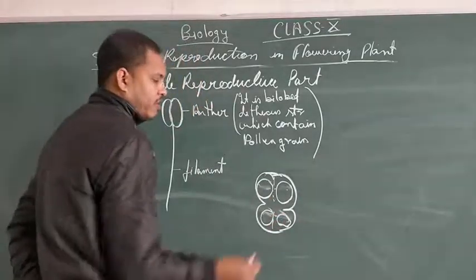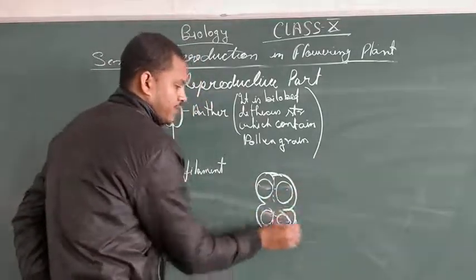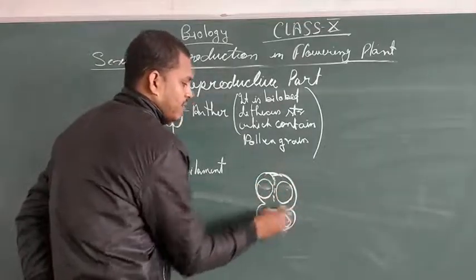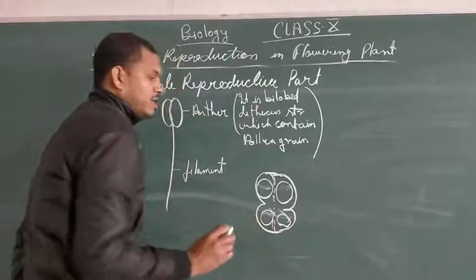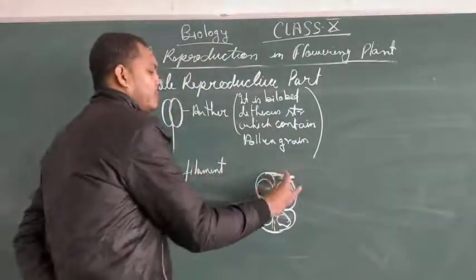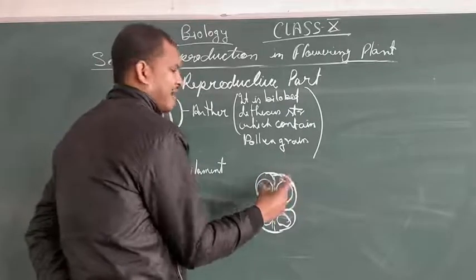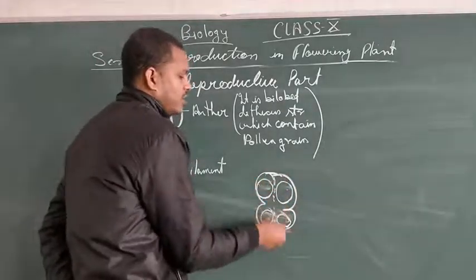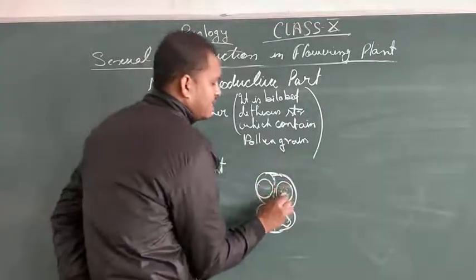So one lobe, two lobes, bilobed, dithecous. In one lobe there is one theca. In this lobe there is one theca. So this is a bilobed, dithecous structure, and there is a sporangium, we can say a sac, a pollen sac, the bag-like cavity. This is known as the pollen sac.